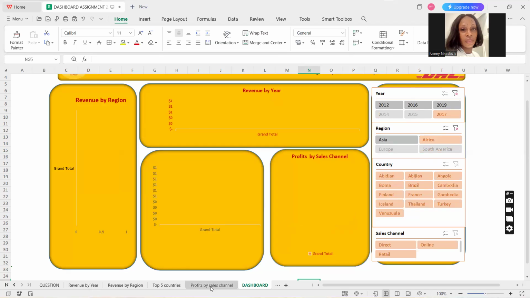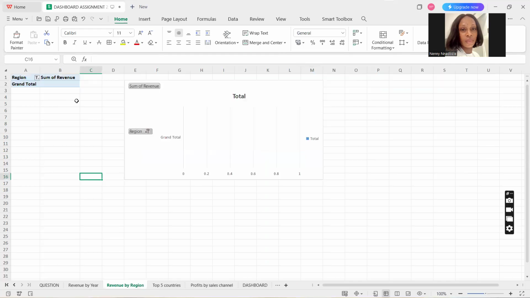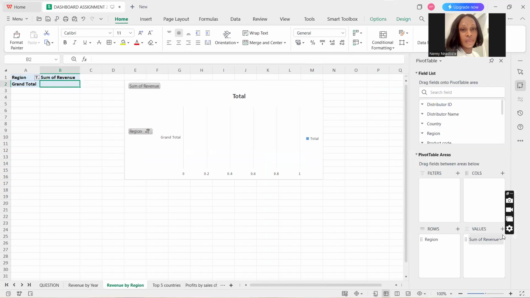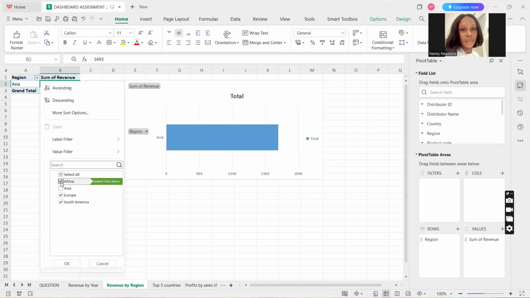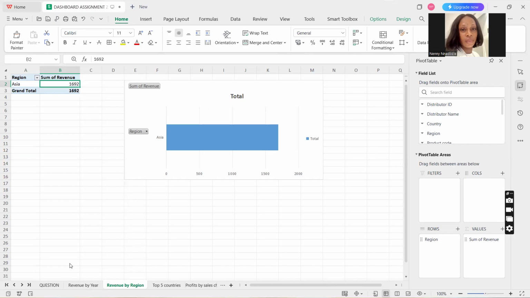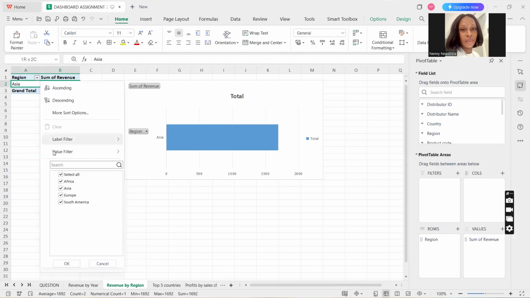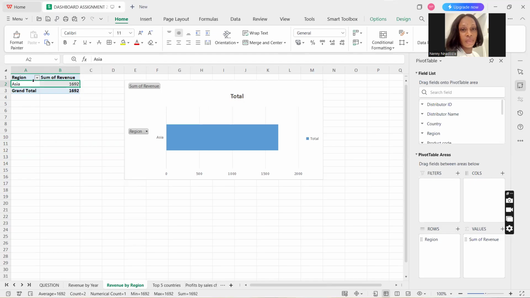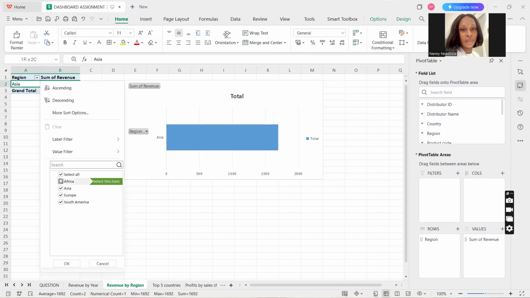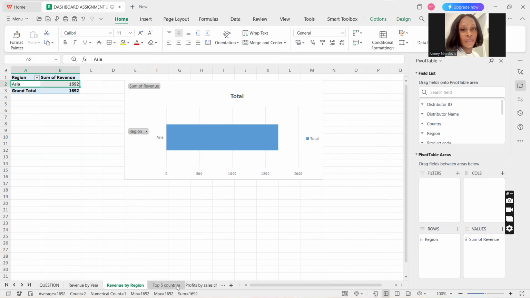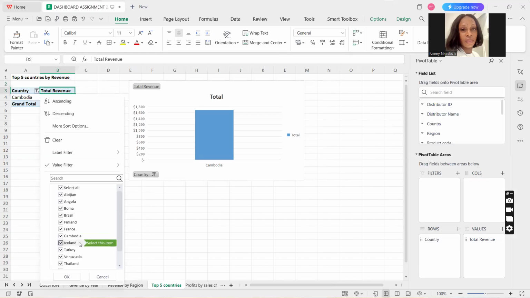Okay, so let's check what Africa made in 2017. So these are the top 5 countries.